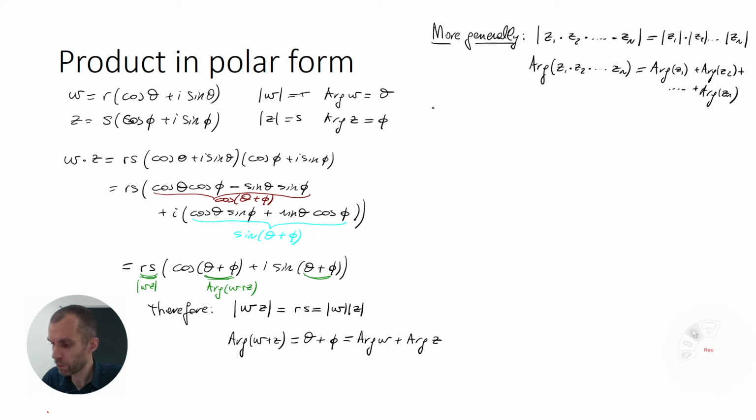And from that we have a nice little theorem called the theorem of de Moivre. So that's another French mathematician.